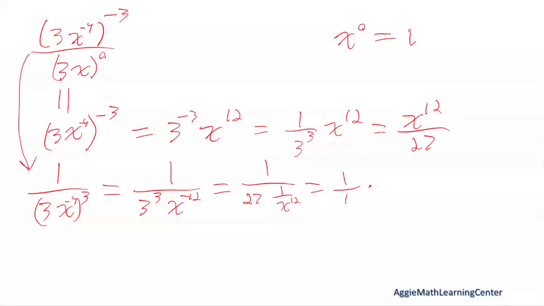So x to the 12th over 27, and that gives us that.